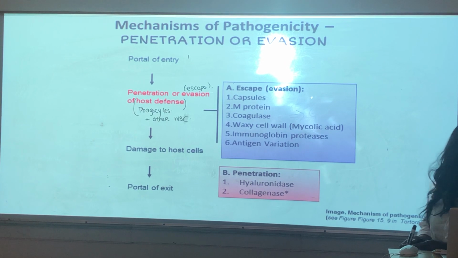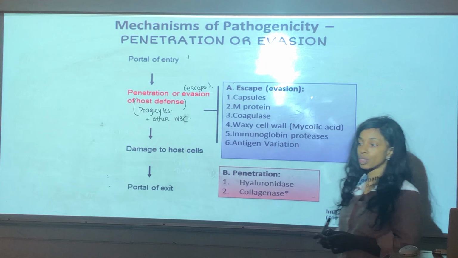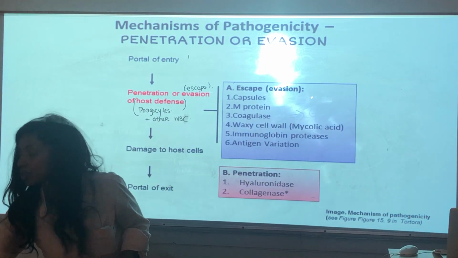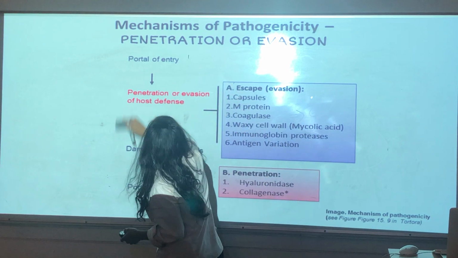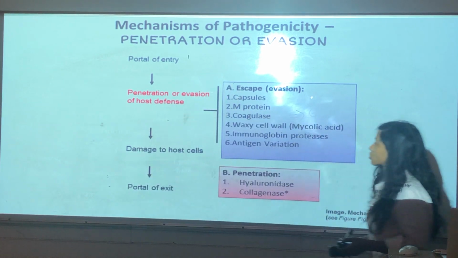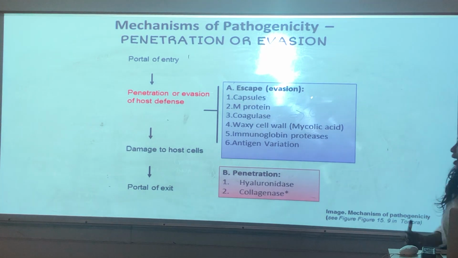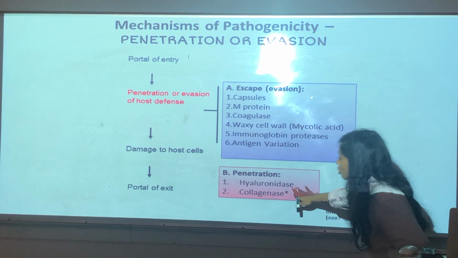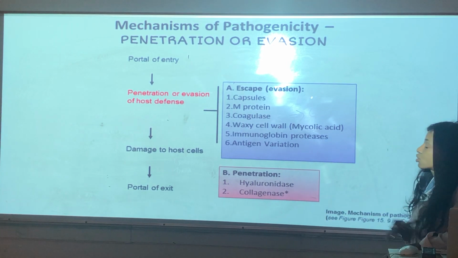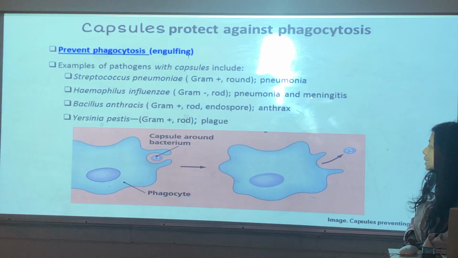We'll look at these different mechanisms as we go through our next few slides. It's quite a few slides on penetration and evasion, so I separated them so that you're a little bit clearer. And again, I put a star next to collagenase because it can also be used as an evasion tactic.